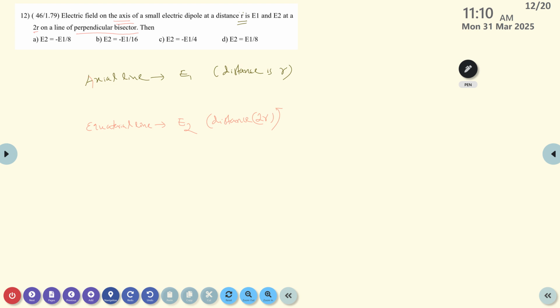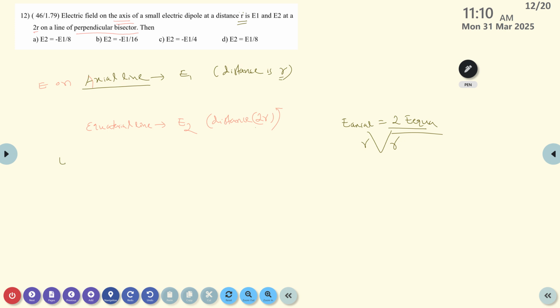Normally we apply this, students: E of axial equals 2 times E of equatorial. We apply this when in both cases the distance is R only. Otherwise we should not apply this. Here I want to calculate E on the axial line at a distance of 2R.